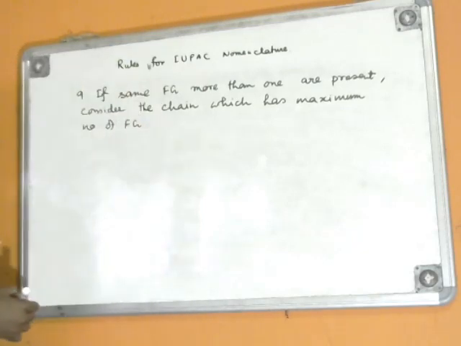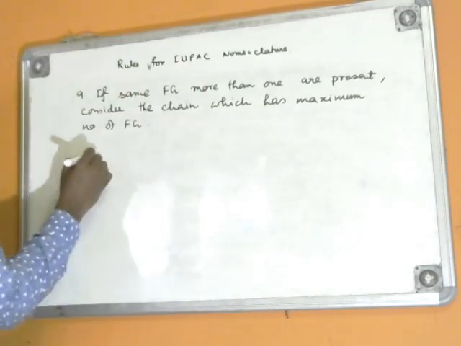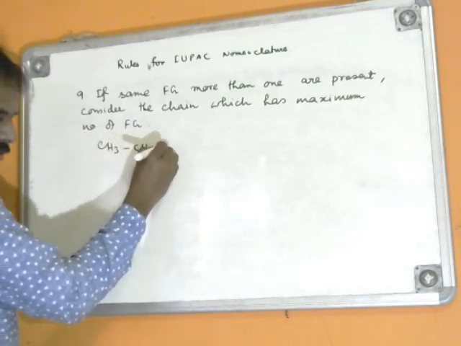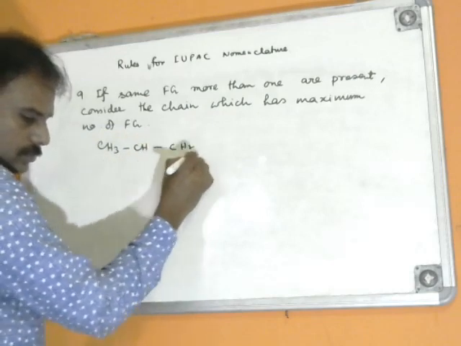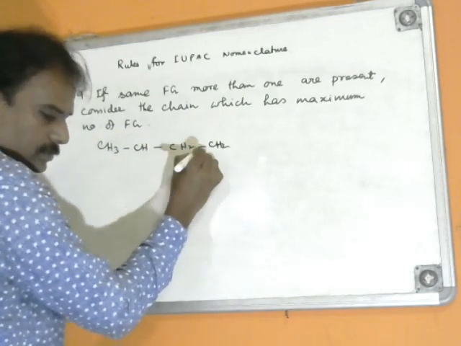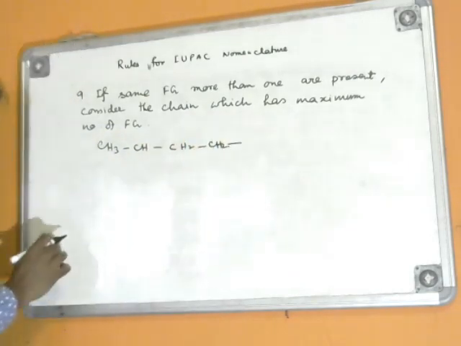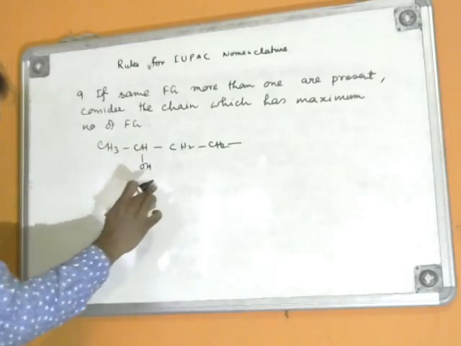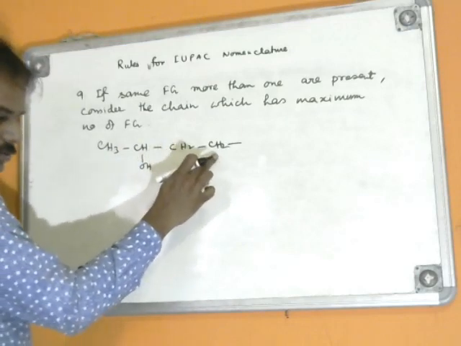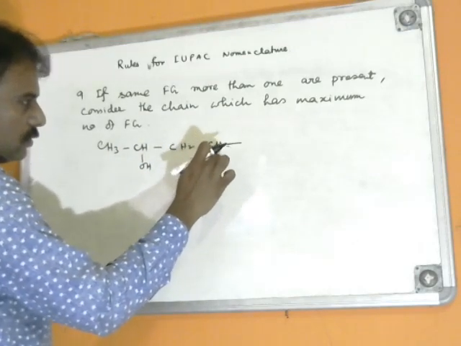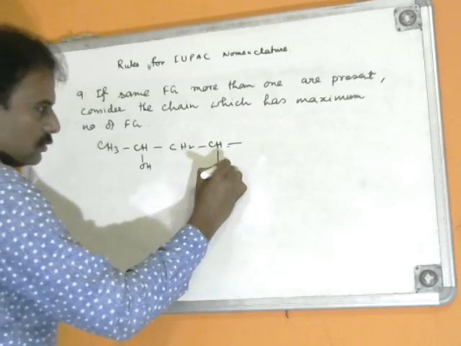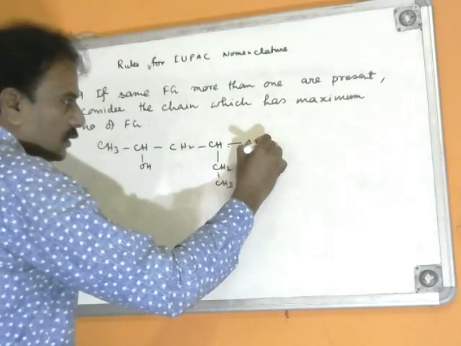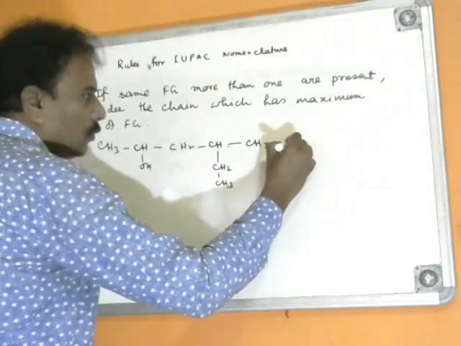Okay. So as an example I am taking CH3, CH, CH2, CH2, CH3, CH, OH, CH2, CH, then CH2, then CH3, this is CH2, and OH.